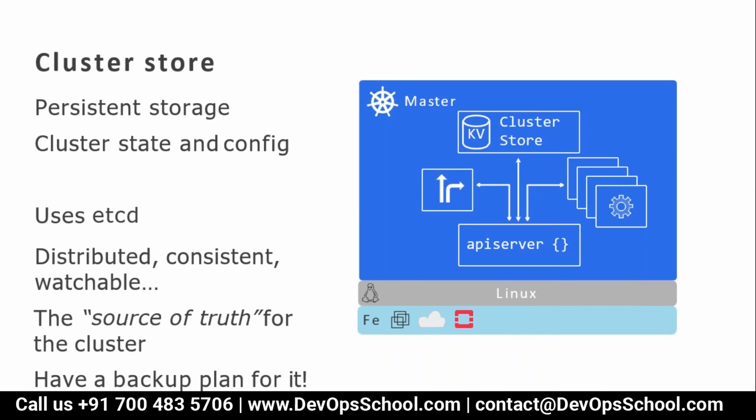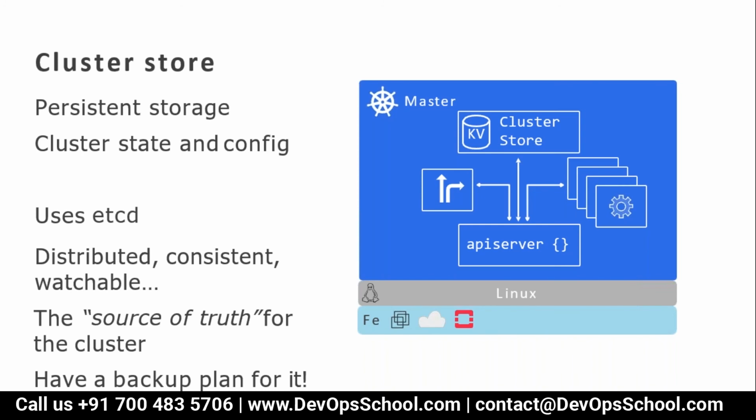That means you can set up a multi-node etcd cluster itself. It is consistent and watchable from many places, and it is the source of truth for the cluster. What does that mean? Source of truth means if the information is in the cluster store, it is in the cluster. If that information is not in the cluster store, it does not exist in the whole cluster. Simple.